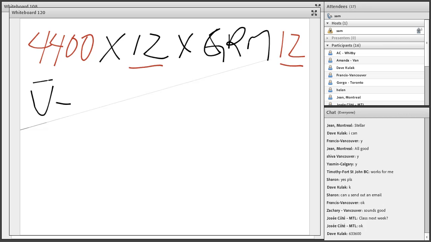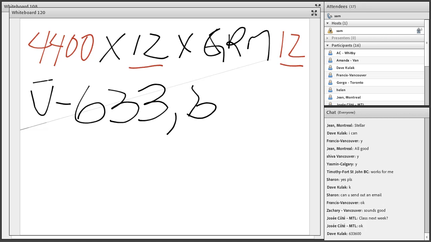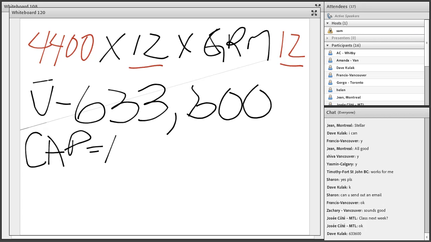What does that give us? That gives us 4,400 times 12 times 12, a value of, and this is all we care about. I want everybody to understand that, right? Value. We're trying to understand value to us, not to the seller, not to the market. We can talk about that next week: where do these numbers come from in the market? Because there is a way to understand that better.